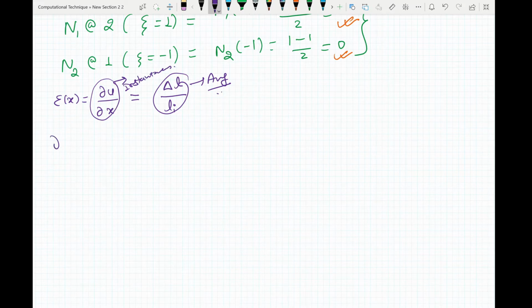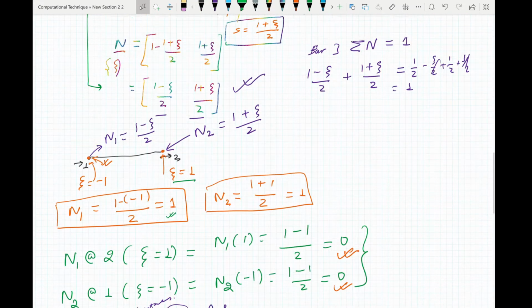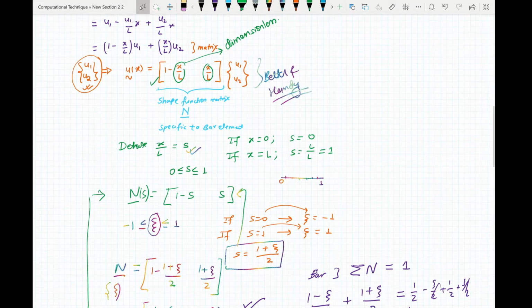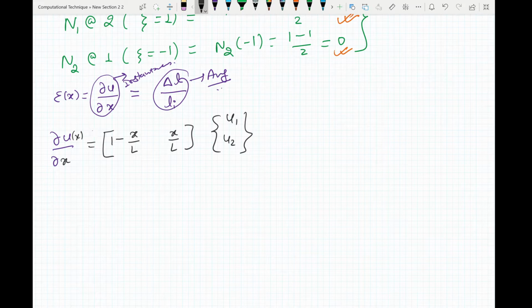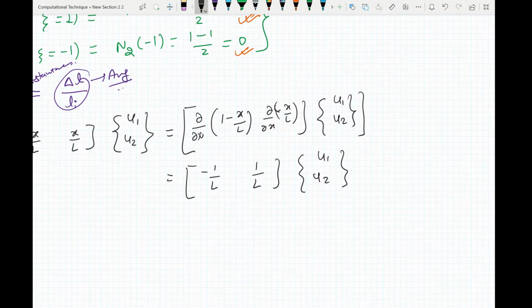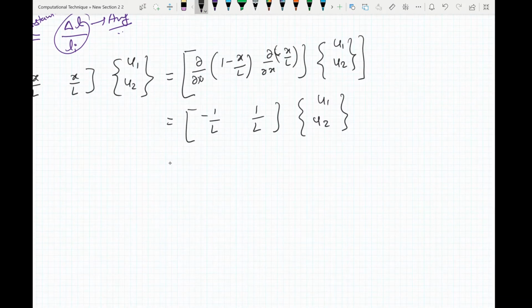Now let's find du by dx for the bar element. Now you see your u(x) is this one here, so you can write it down and you have to find the derivative of all of it. What we'll get is, this is constant, so you can take this out, and this one you have to bring in.